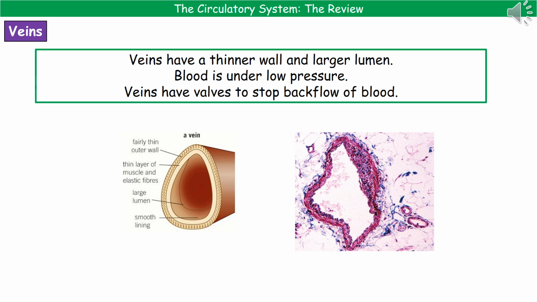So where they give you two images and ask you obviously to identify one as opposed to the other one, you need to be able to use those comparative terms. So don't just say it has a large lumen or it's got a thin wall. Make sure that you say that the vein has a thinner wall than the artery. So use that little ER on the end to show that it's being compared to the other one.